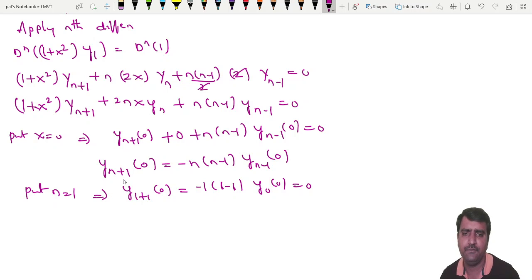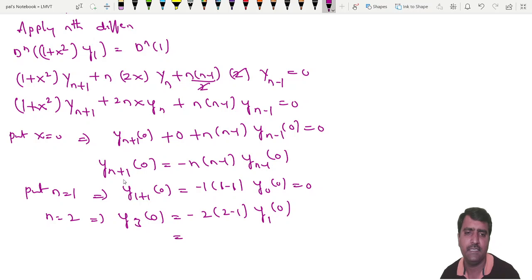So to find y3, take n is equal to 2, which implies that y2 plus 1 is 3. y3 of 0 is equal to minus 2 into 2 minus 1 into y2 minus 1, that is y1 of 0.